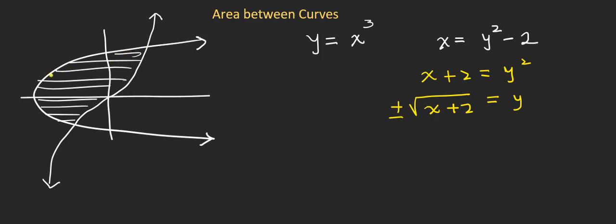So in order to find this region, instead of separating this into two regions, you could use a vertical rectangle and find the area of this part right here and the area of this part right here. But instead of doing that, we could use a horizontal rectangle and go from the y value of this to the y value of that.